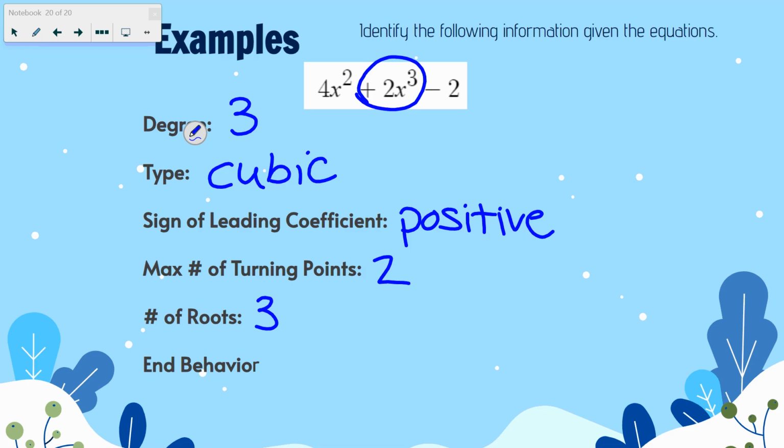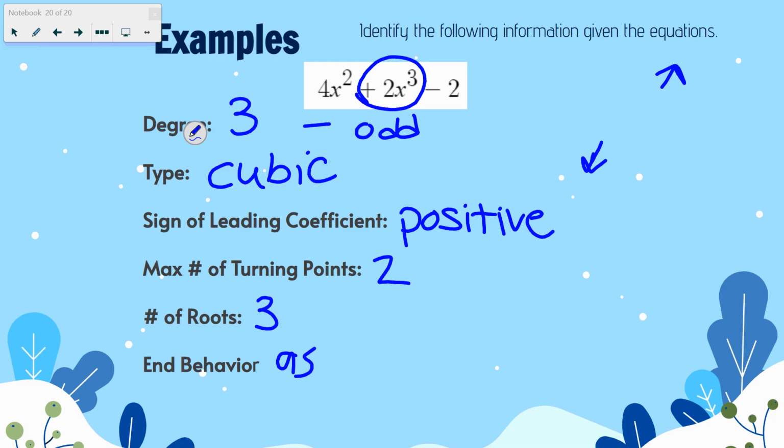Now let's talk about end behavior. So if I'm a cubic function, so I'm going to go degree of 3, is that even or odd? We know it's odd. Does that mean I'm going to go opposite or the same? Opposite. And if my sign is positive, if you're not quite sure what it's going to look like, think about it looking like a positive sloping line. So if you connect with your pencil here.